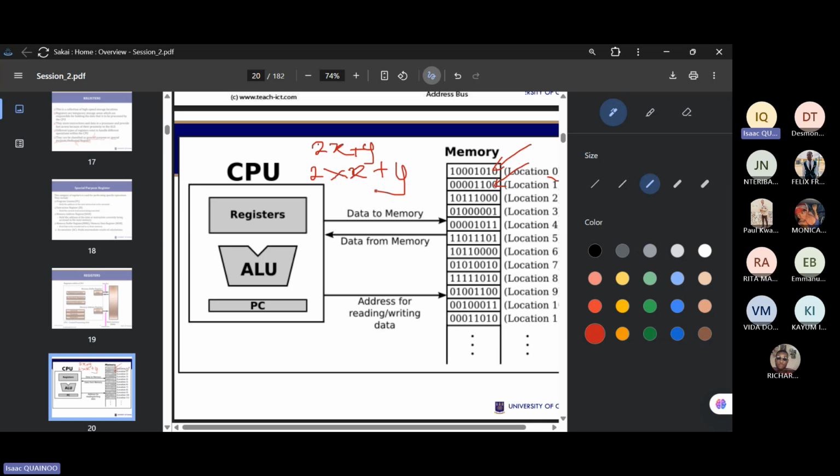This is an instruction. And now, you need some data in order to execute this instruction. And what is the data you need to execute the instruction? That is the value of x and y. So we can say that x is 5 and y is 3. And what happens when you feed this data into the system?